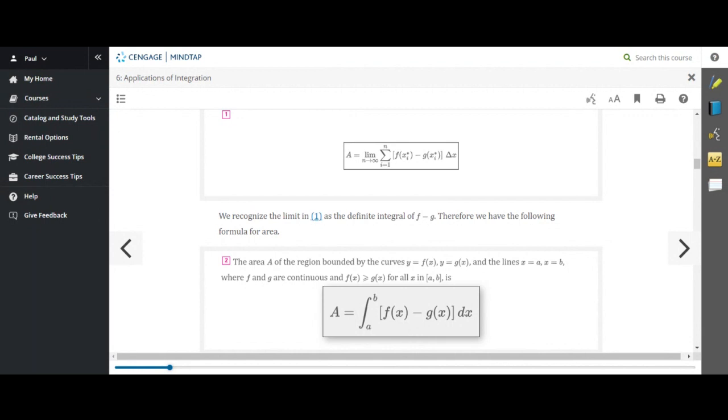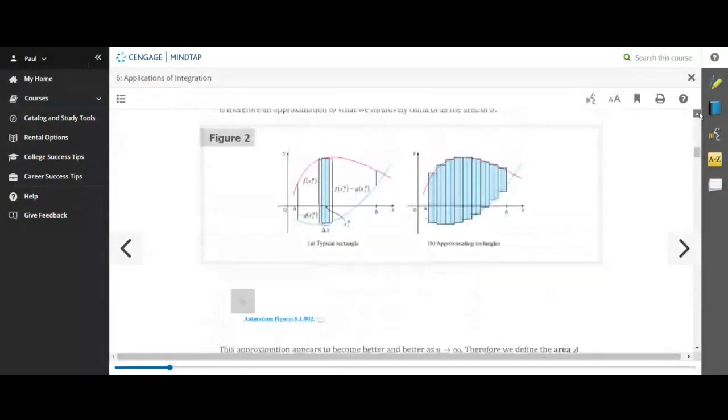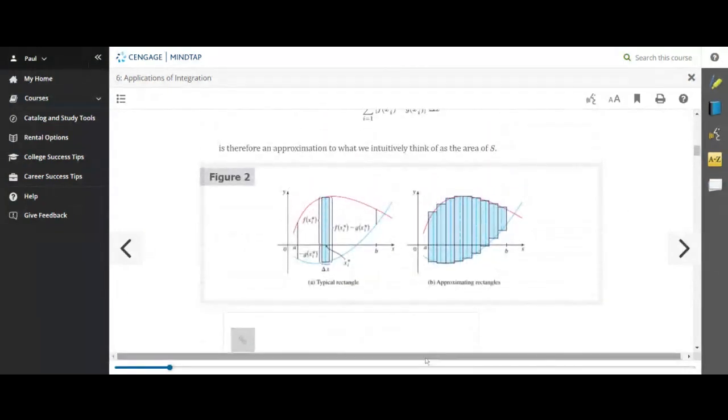Well, see there in figure 2b how the rectangles start at the a value on the x-axis and end at the b value on the x-axis? That's all there is to it. That's where they come from. All right, thank you.